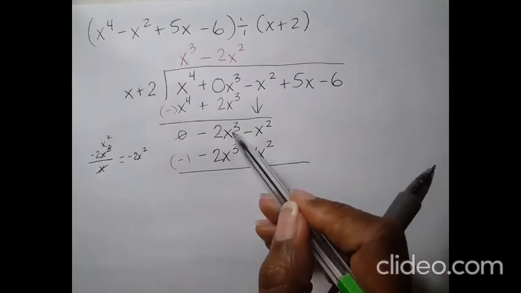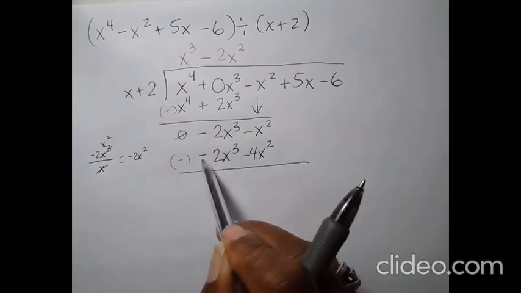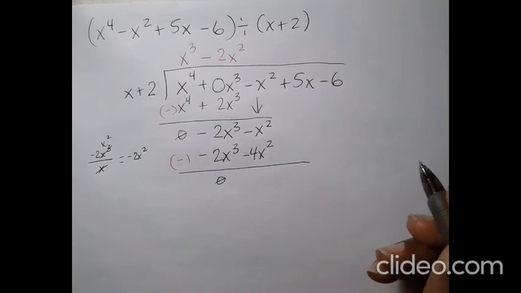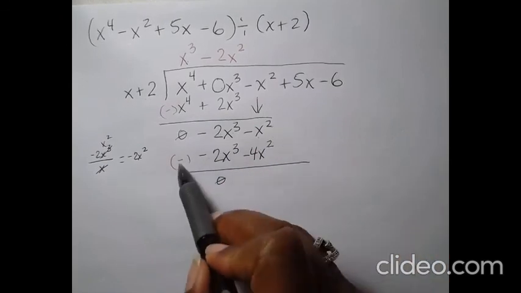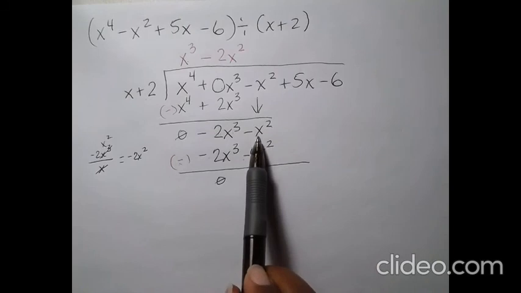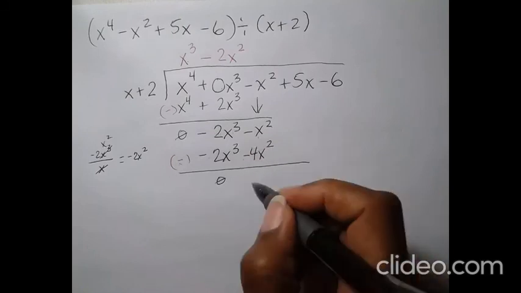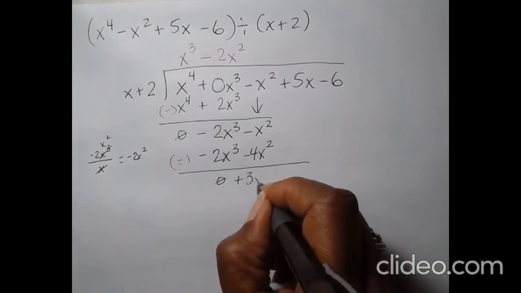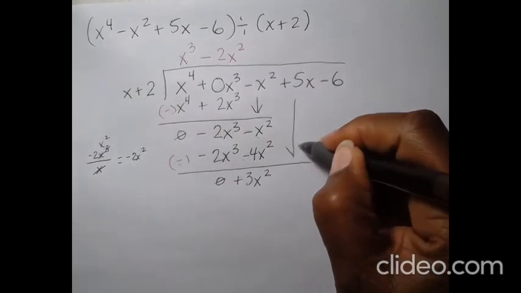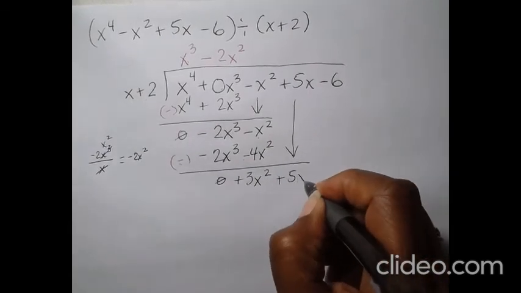Negative 2x cubed minus a negative, that changes this to positive, so two opposite terms gives us 0. Negative x squared minus a negative, which is plus 4x squared. So negative 1x squared plus 4x squared is a positive 3x squared, bringing down our 5x.